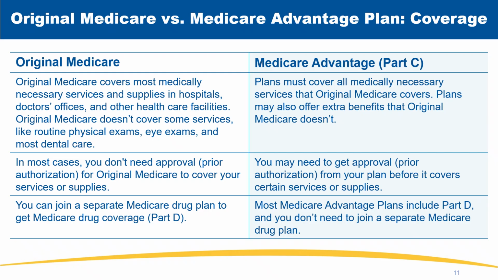Plans may also offer extra benefits that Original Medicare doesn't, such as vision, dental, hearing, and fitness benefits. You may need to get approval or prior authorization from your plan before it covers certain services or supplies. Most Medicare Advantage plans include Part D, and you don't need to join a separate Medicare drug plan.